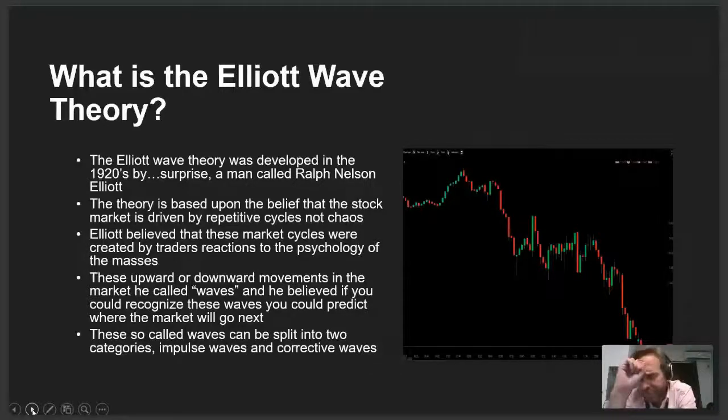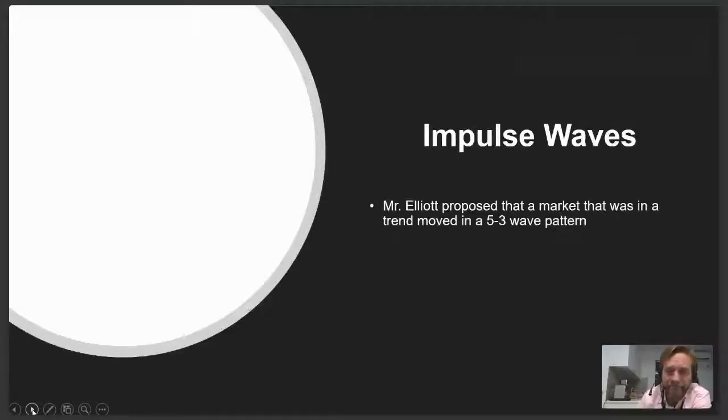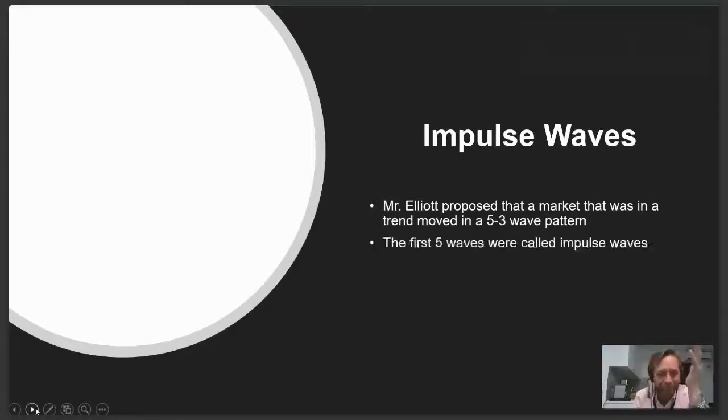Now, these so-called waves can be split into two categories: impulse waves and corrective waves. Now, impulse waves, Mr. Elliott proposed that when the market was in a trend, it moved in a 5-to-3 wave pattern.